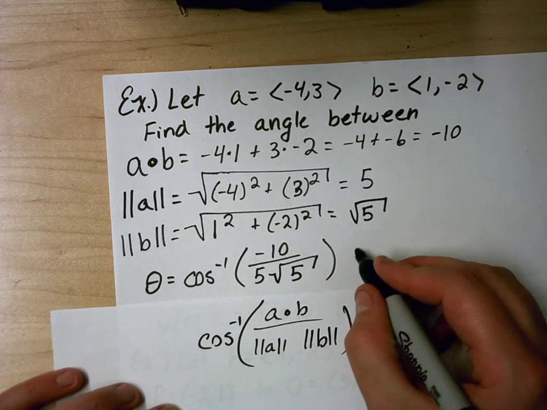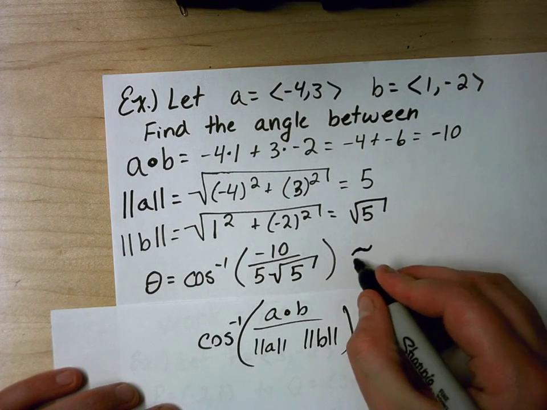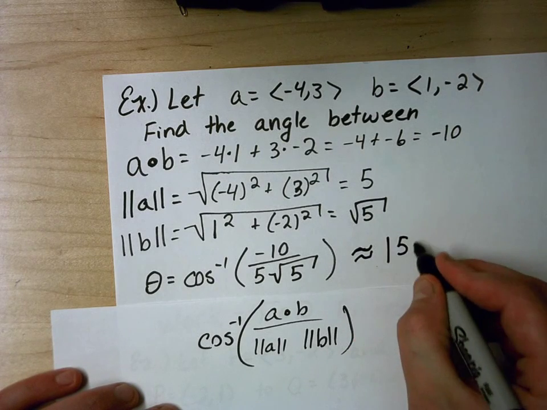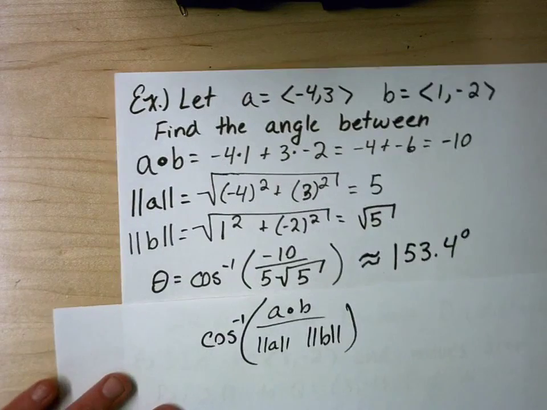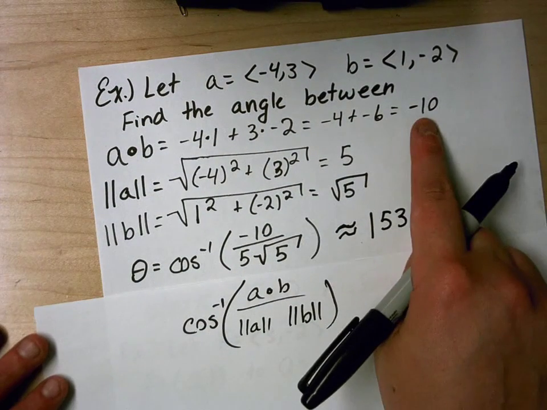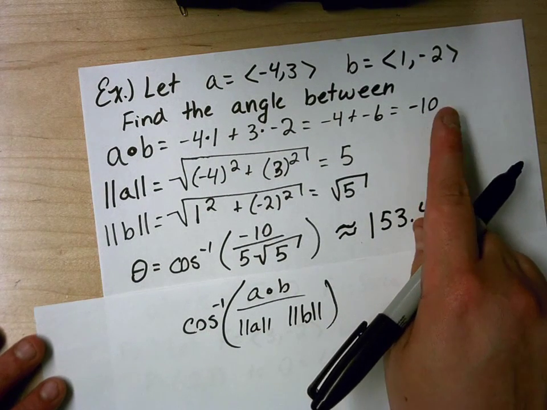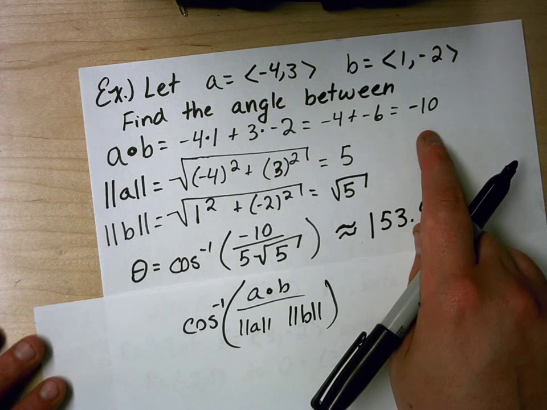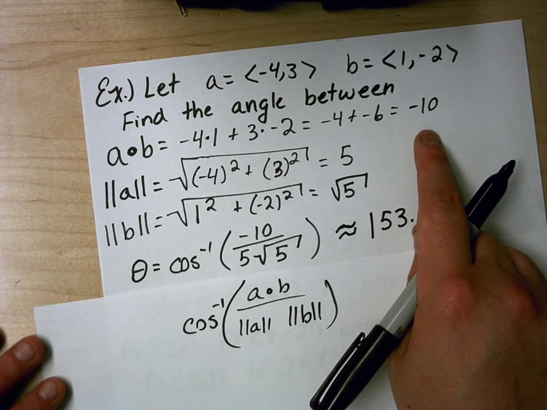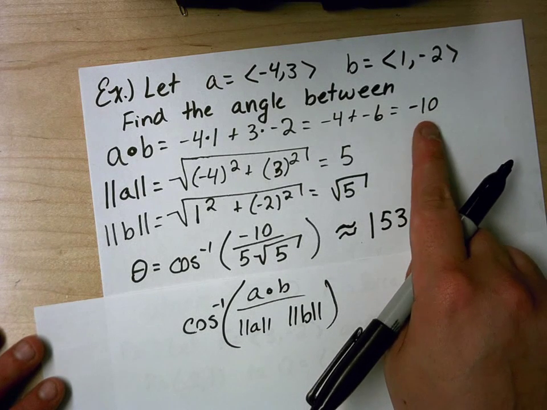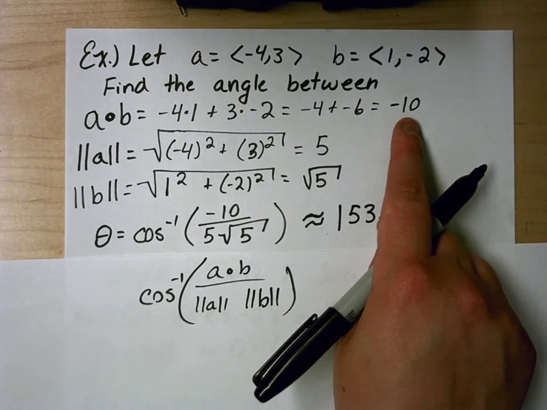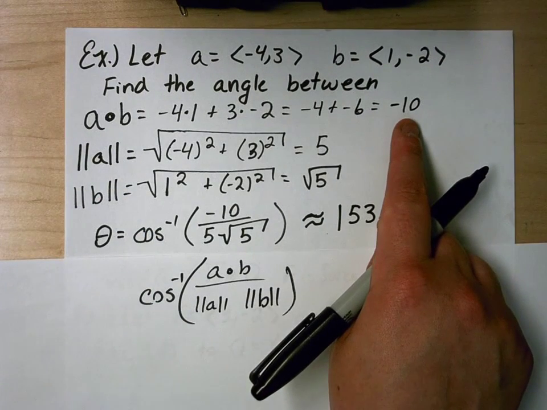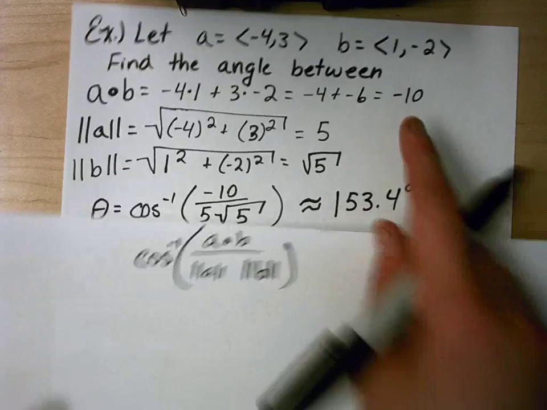I get that theta is about 153.4 degrees. Notice here that my A dot B was not negative 1, 1, or 0. So that tells me that my horizontal and vertical components are not perpendicular.